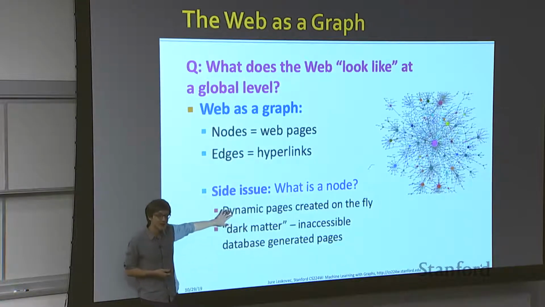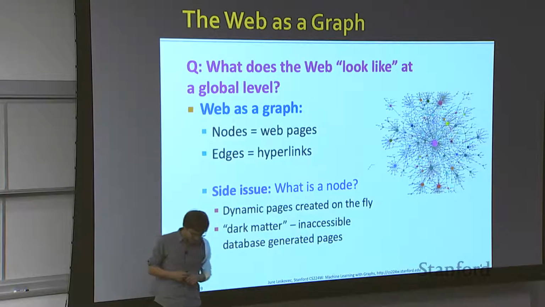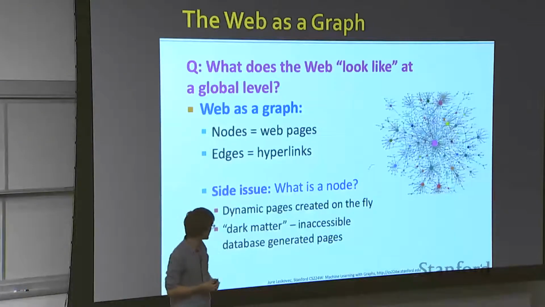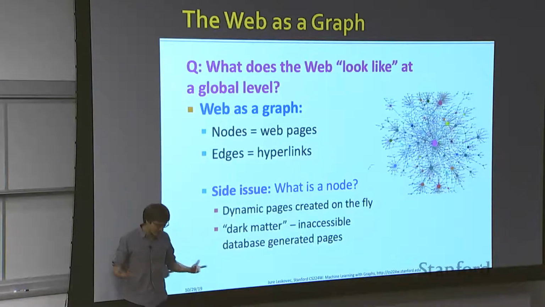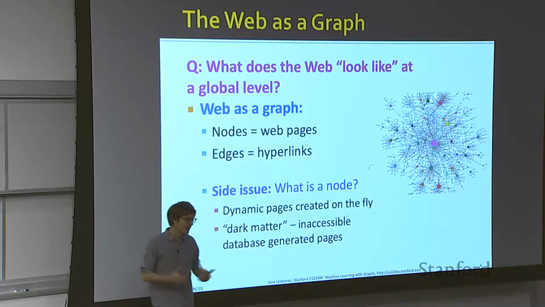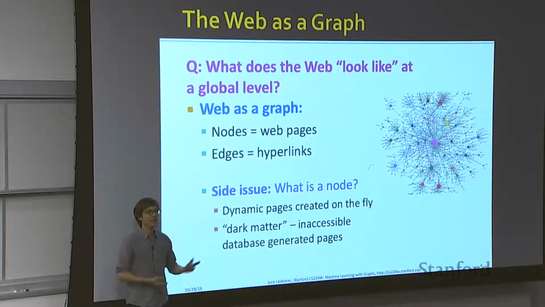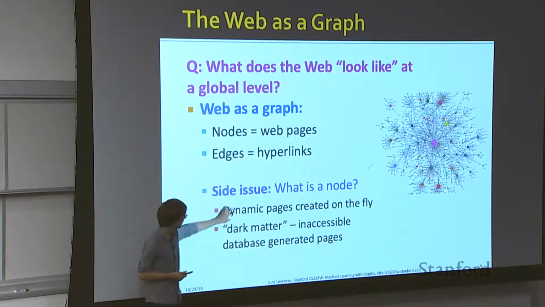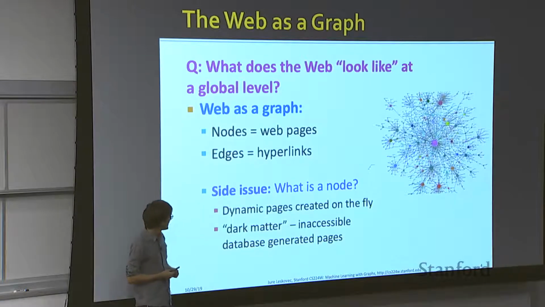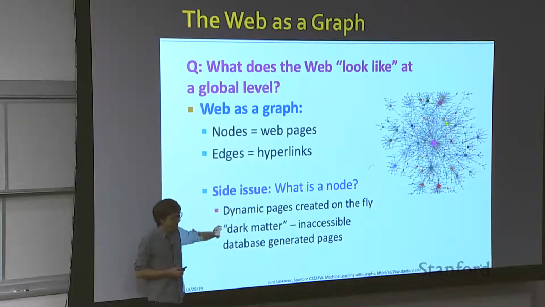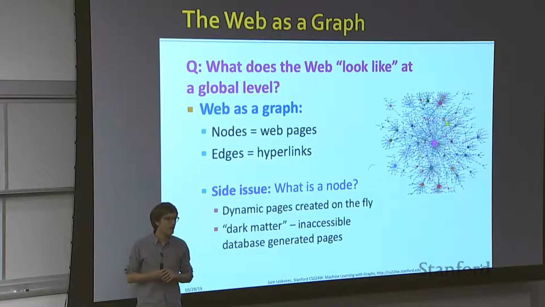If you go on Google News, Facebook and other places, it's not that every unique piece of content has a URL, but it's just one URL where different content is shown every time. So we will ignore this part a bit, and we will focus on static web pages on the web.